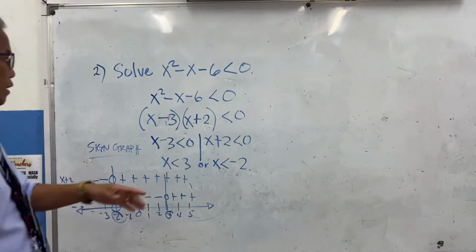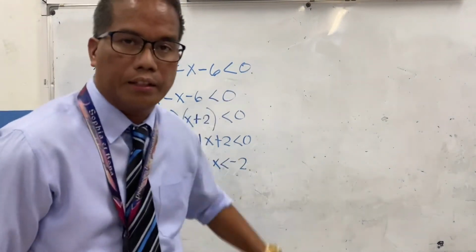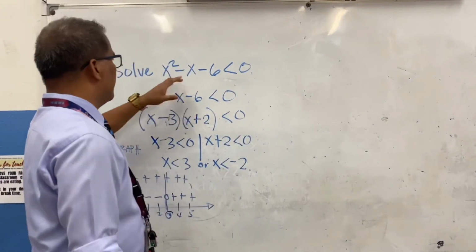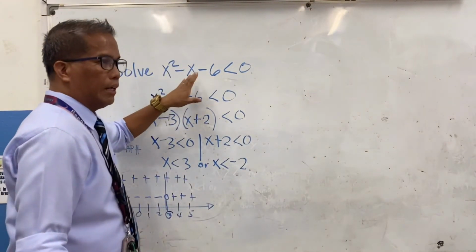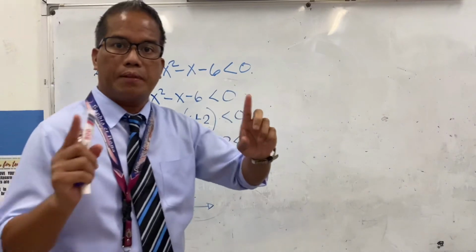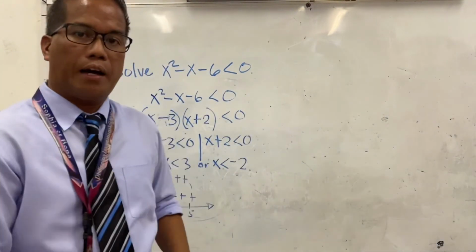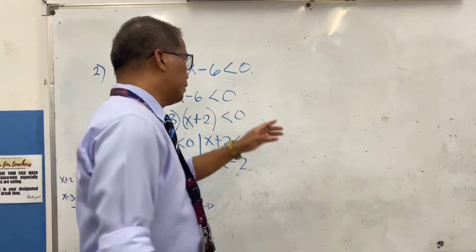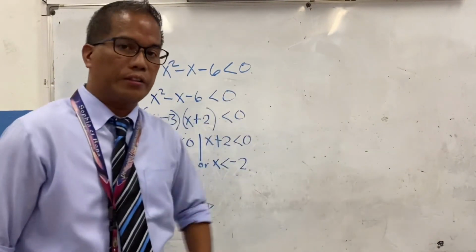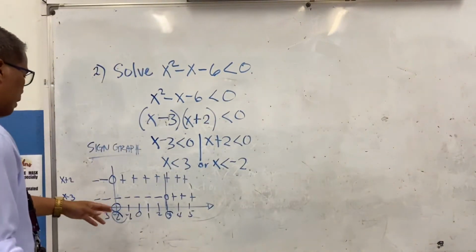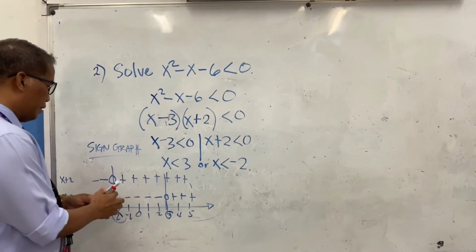So, since the inequality in the given is less than, the two factors must have opposite signs, positive times negative, or negative times positive. So the answer will have a negative sign, so that is less than 0.